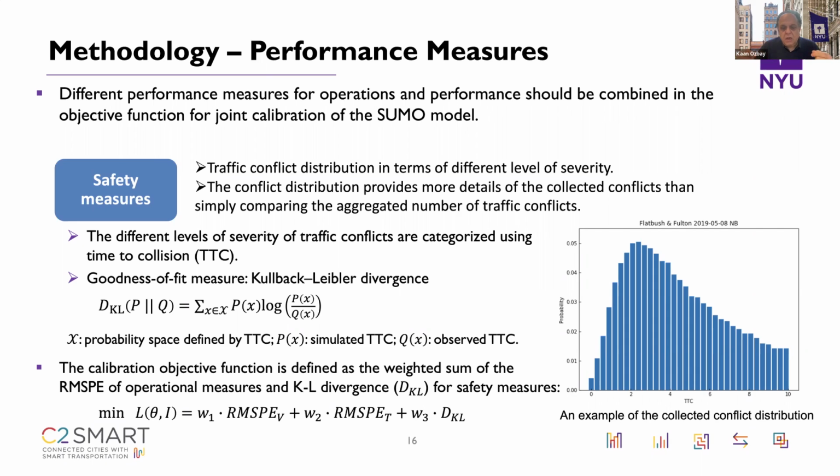We don't have time to talk about it, but we use the weights to make sure that we normalize for the actual values of the root mean squares and the DKLs, because they're not in the same range. So this has been taken care of.